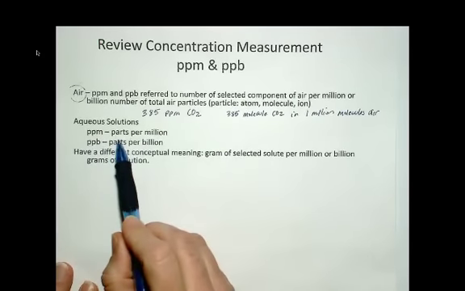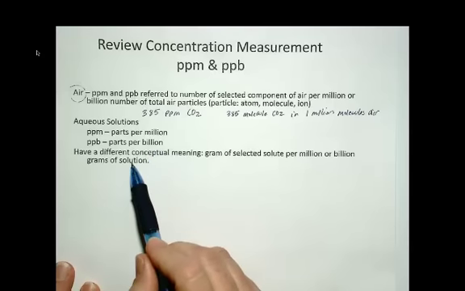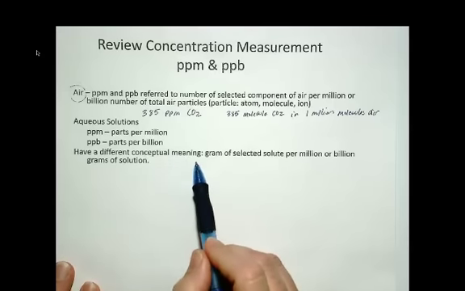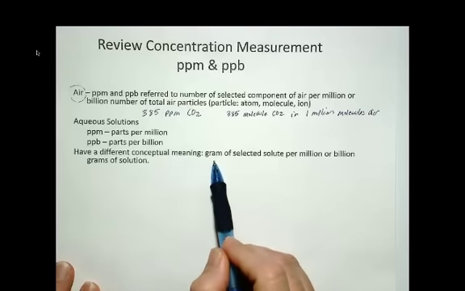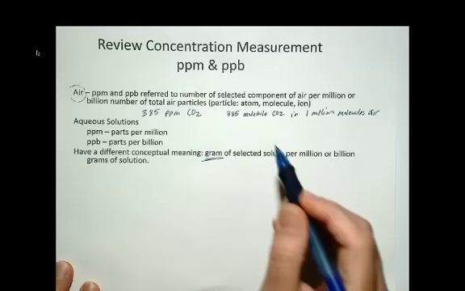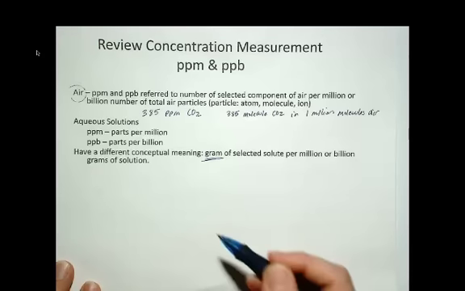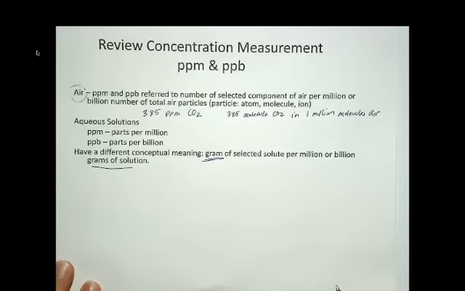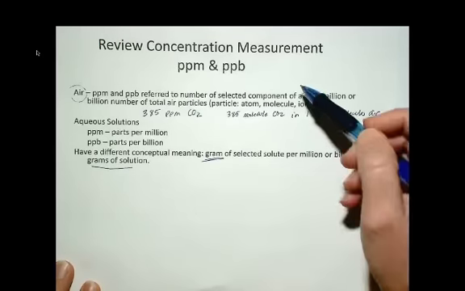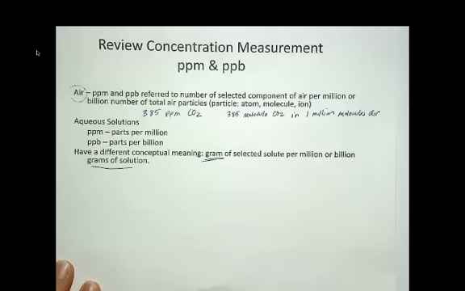We still call it parts per million and parts per billion, but the meaning in this case is that the part is the gram, not the individual atom, molecule, or ion, but the gram of selected solute per million or billion grams of solution. So when we're talking about parts here, we're talking about the mass. When we're talking about parts there, we're talking about the individuals. All right, just something to keep in mind.